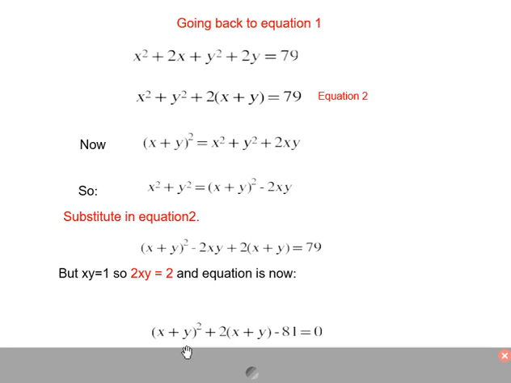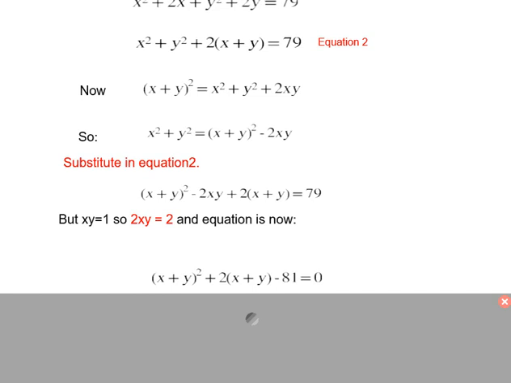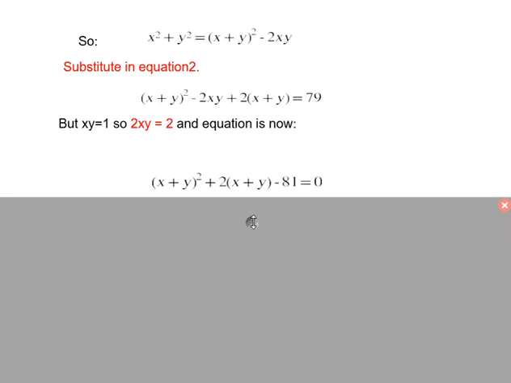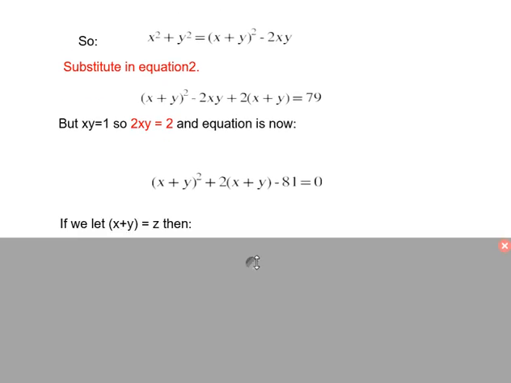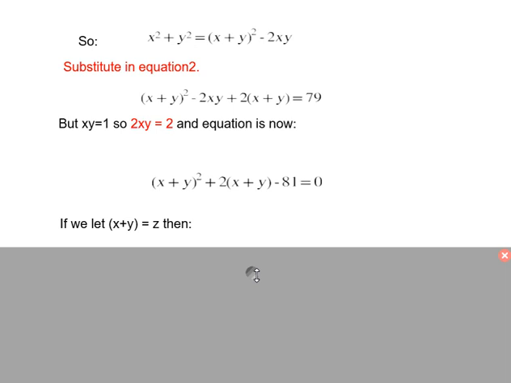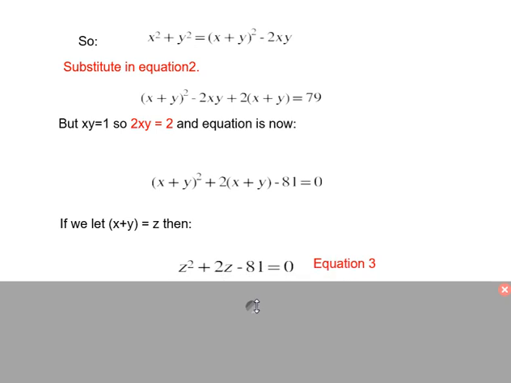(x plus y) squared plus 2(x plus y) minus 81 equals 0. And if we let x plus y equals z, we get this equation. z squared plus 2z minus 81 equals 0.